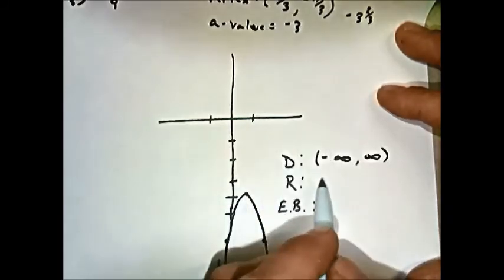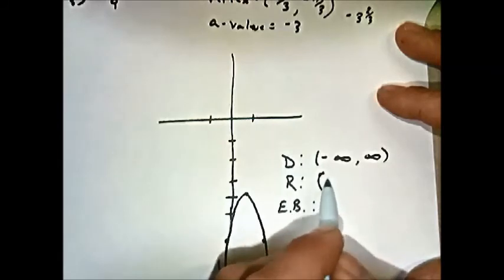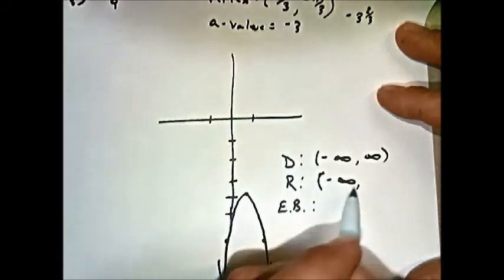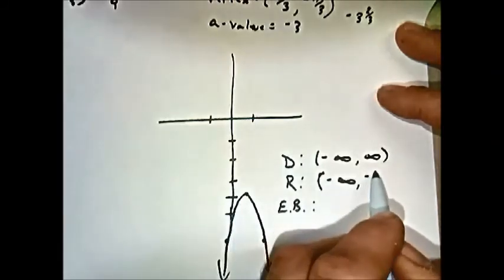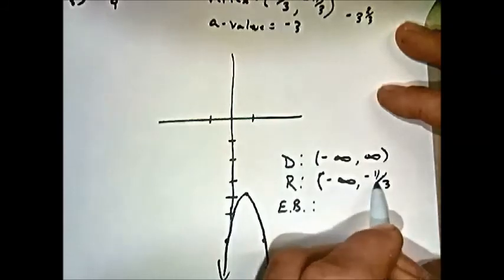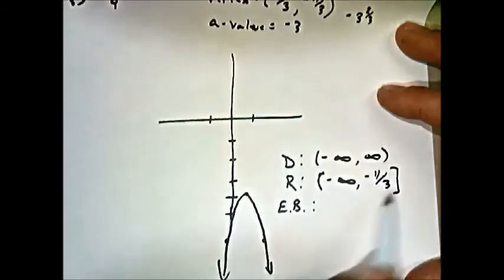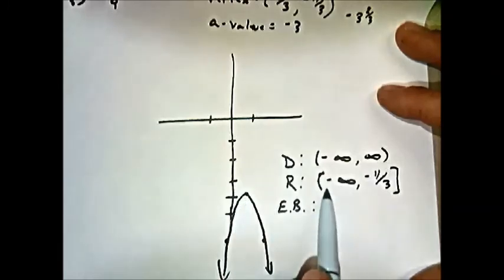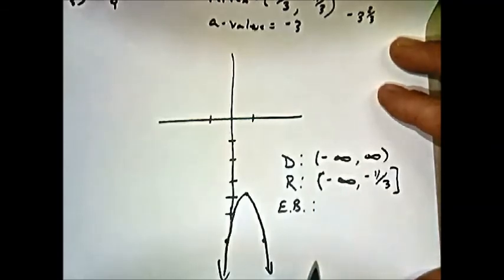So my range, we're going to start at negative infinity and we're going to end at negative 11/3. We're going to use a bracket because we can touch the negative 11/3. We use the parentheses again because we cannot touch the infinity.